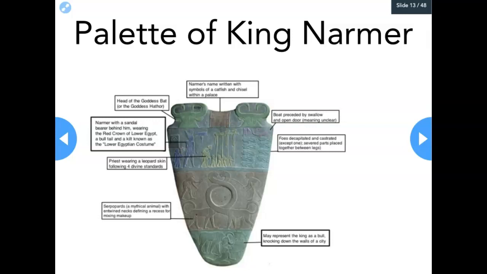And all of the other symbols, so look at the poor foes over there on the right, all stacked up. They're decapitated, and they are castrated. You can see that their parts and their heads are placed between their legs, tucked between their feet, as your book says. So it's on page 51 in your book, and you can have a look and read about the Palette of King Narmer. It's a really, really important work of art.